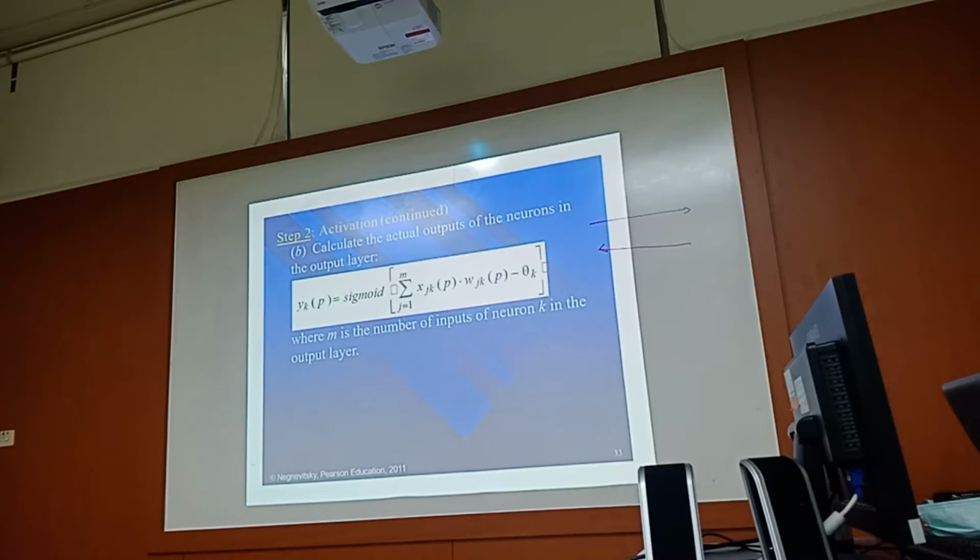And then we calculate the actual output yk, where n is the number of input neurons, k in the output layer.